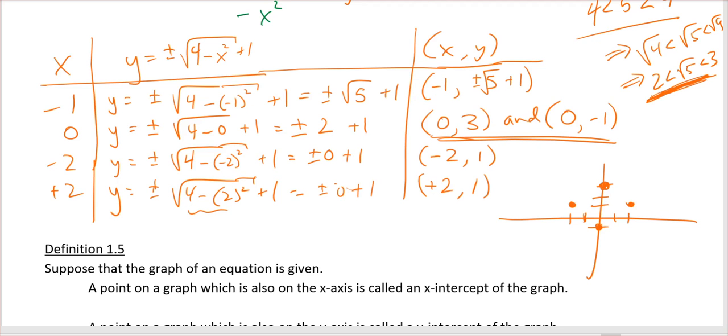Negative 1. So wait a minute. If this is between 2 and 3, there's an error here. So let's correct it real quick. Hopefully the savvier of us have noticed that we made an error, and it's going to be really quick to fix.